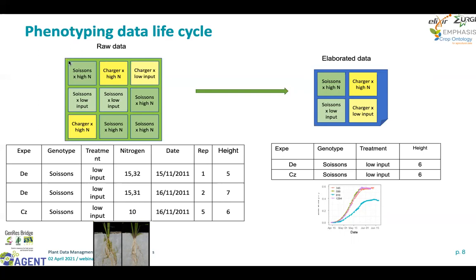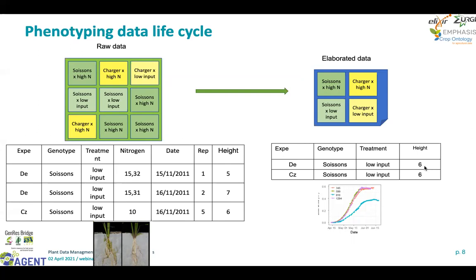And from those raw data, from those microplot data, we can generate elaborated data that, for a given experiment, here allows us to say that a given variety under a certain treatment has a particular phenotype.